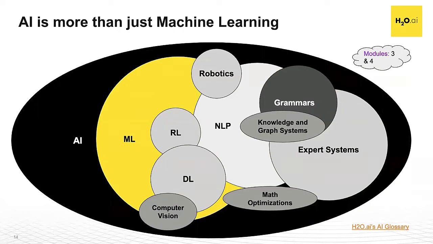So this diagram doesn't represent all of the other ways artificial intelligence can enable a machine to perform those tasks, but these are major ones that are used today.